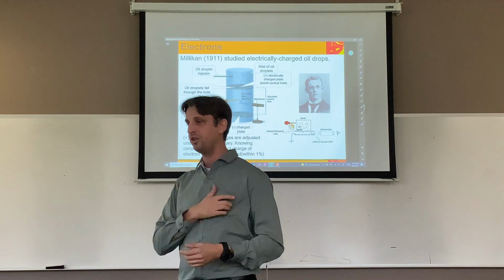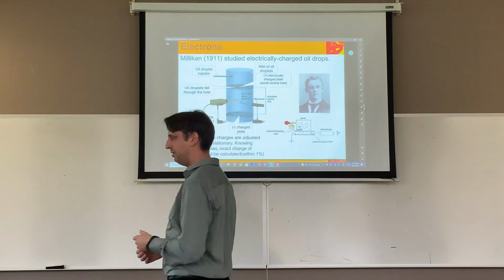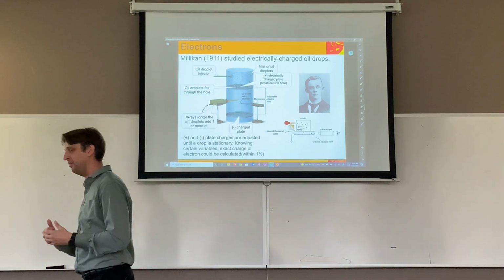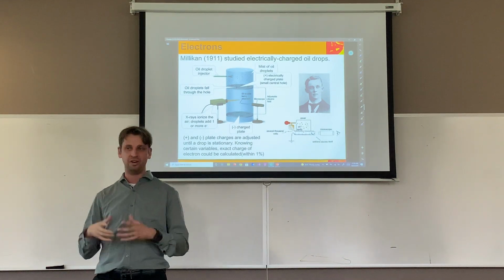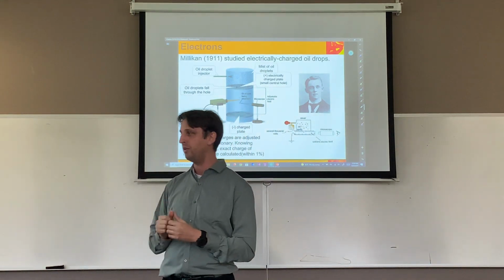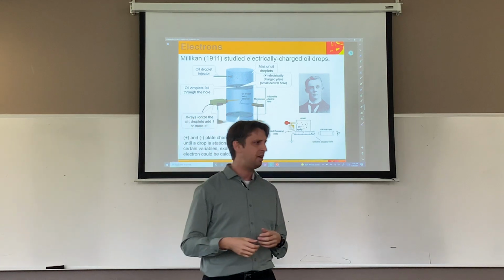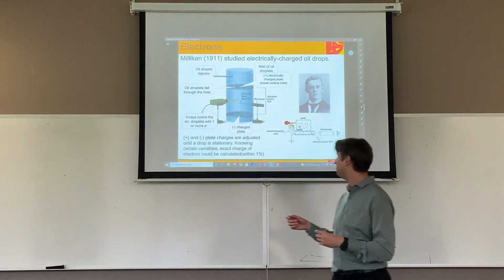With some oil drops and a good camera in the right setup, you can see electrons. And this guy did it back in 1911. It's pretty crazy. We have trouble seeing electrons with our high-tech equipment today, so you can imagine what they were working with over 100 years ago. A pretty clever setup for experiments.